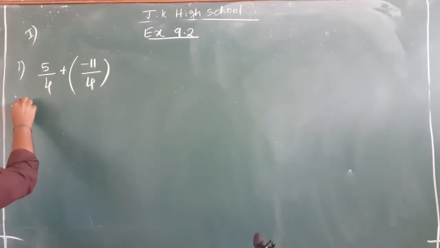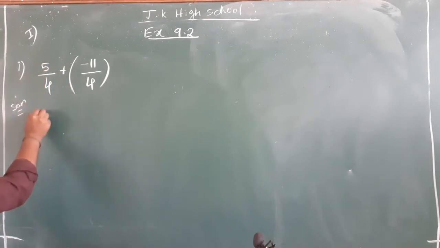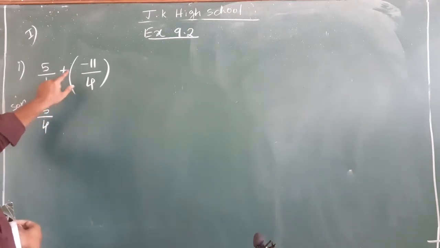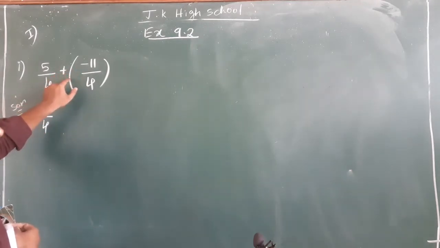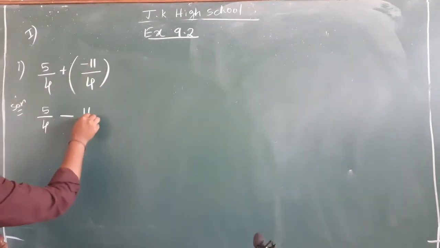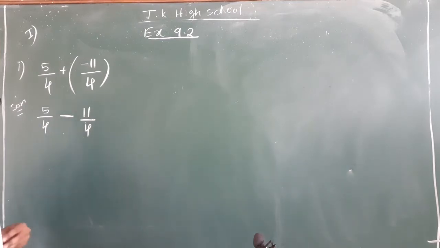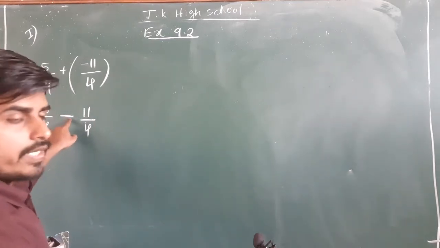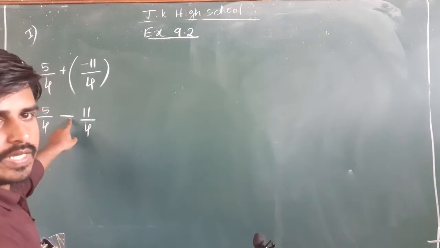So solution, this plus 5 by 4 as it is. To open this bracket, the outside sign is multiplied with the inside: plus into minus, so minus, and this 11 by 4 comes out. Already this is positive, this is negative, so subtraction takes place.